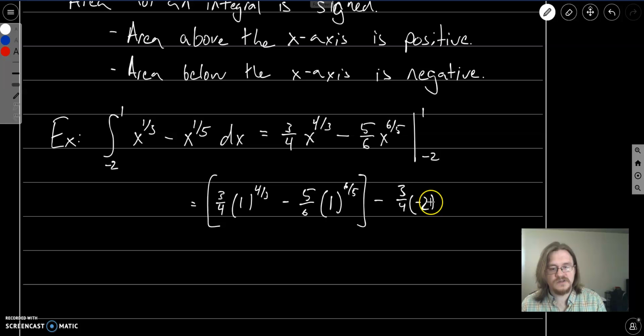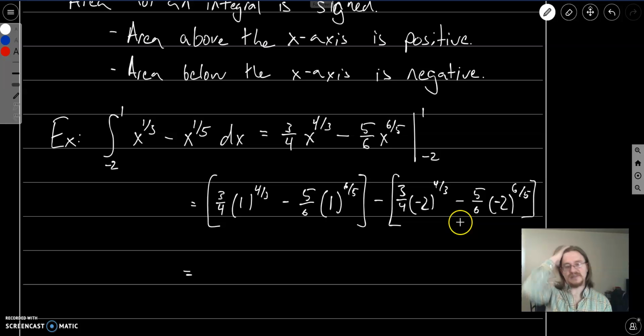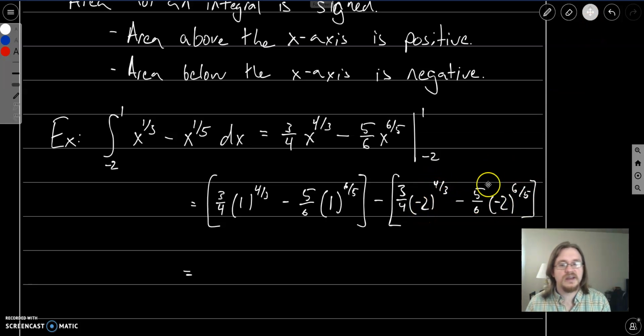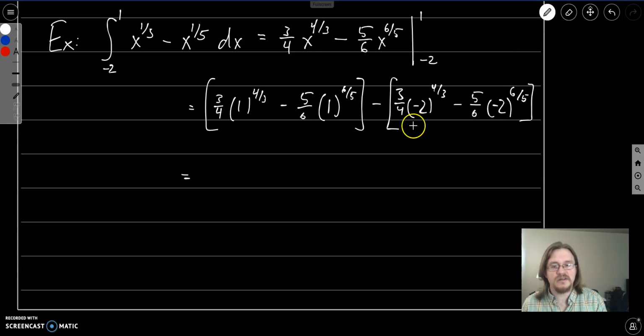So it would be 3/4 times -2 to the 4/3 power minus 5/6 times -2 to the 6/5 power. This might be able to simplify a little bit, but -2 to the 4/3 power and -2 to the 6/5 power, I'm not going to be able to simplify all that much.